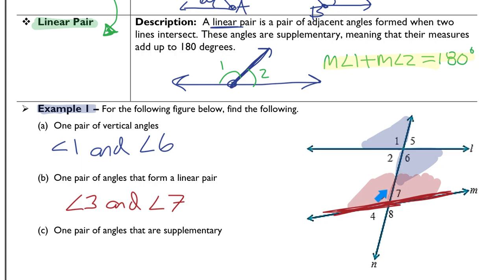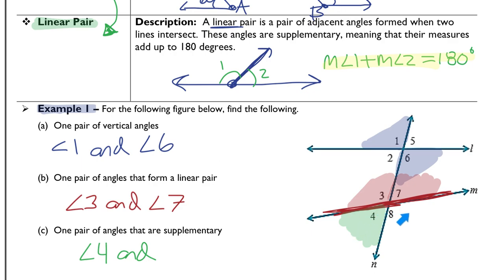Now, these are in fact supplementary, so I could just rewrite those and put them here, but let's not do that. Let's pick a few different angles just for our sake. Let's do this in green here. So let's pick this angle 4 here for fun. So if I pick angle 4, let's find a linear pair.